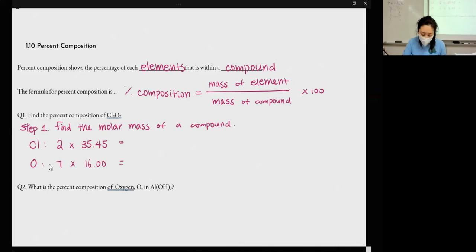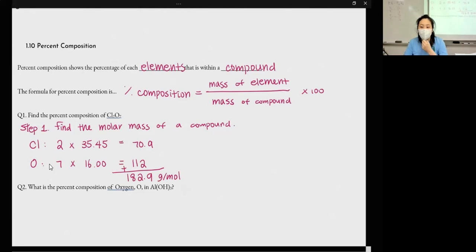So if I do that calculation, 2 times 35.45 is 70.9. And then 16 times 7 is 112. It will add up to 182.9 grams per mole.